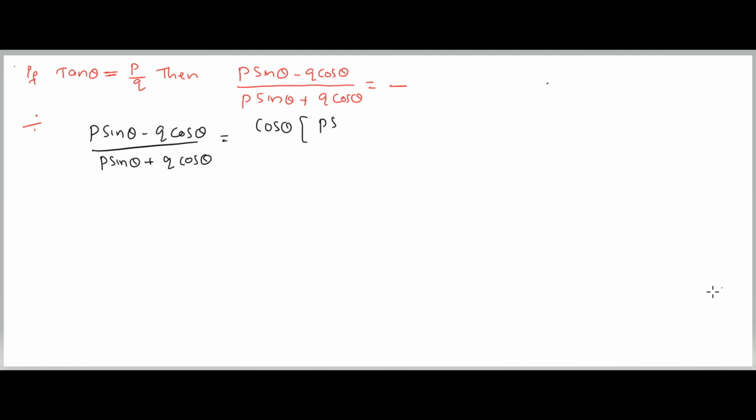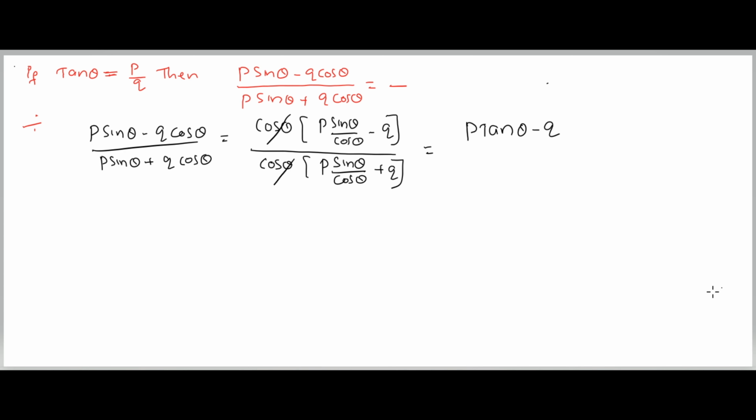That is, P sin theta by cos theta minus Q, take common in denominator also, P into sin theta by cos theta plus Q. So cos theta cancels. That is equal to P tan theta minus Q by P tan theta plus Q.